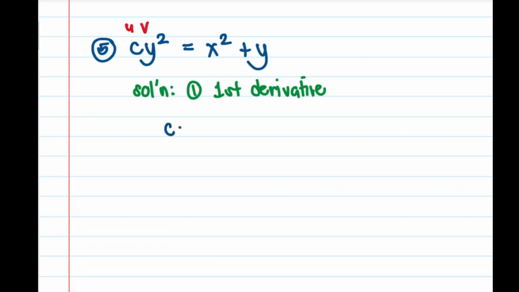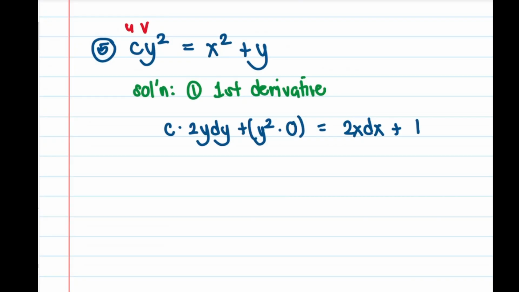U dv is, derivative of b is 2y dy plus y squared. Then the derivative for constant is 0, equivalent to 2x dx plus dy. This one will be your derivative.